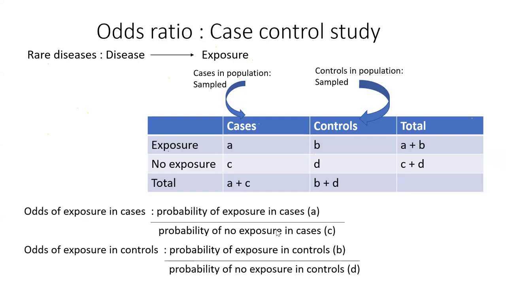But if you understand here that odds are nothing but probability of something happening divided by probability of it not happening, then you will understand that if you know the formula for probability, you divide one by the other, you will know that odds of exposure in cases is A divided by C, and odds of exposure in controls is B divided by D. And then your odds ratio is odds of exposure in cases divided by odds of exposure in controls, which gives you a cross product ratio, which is AD upon BC.